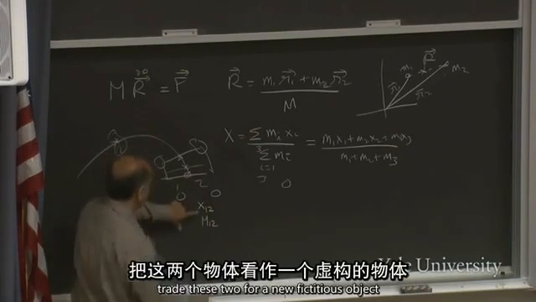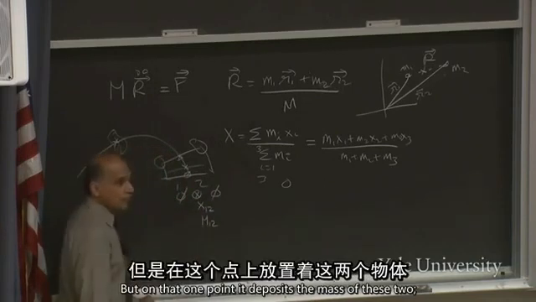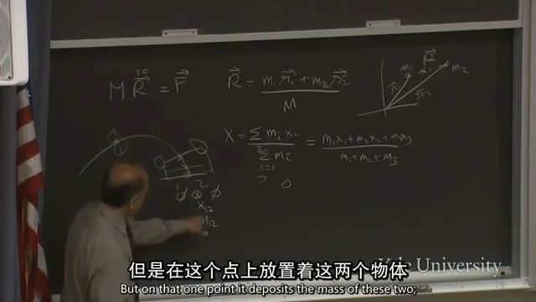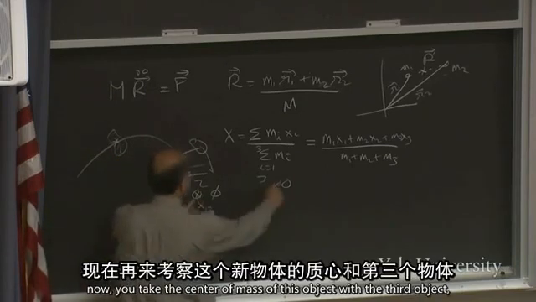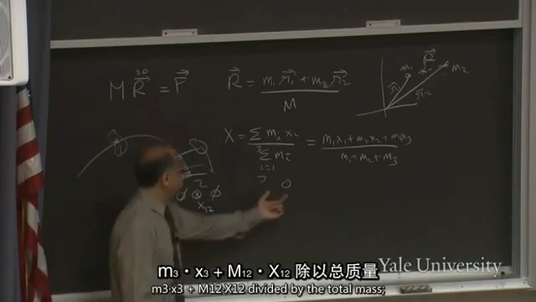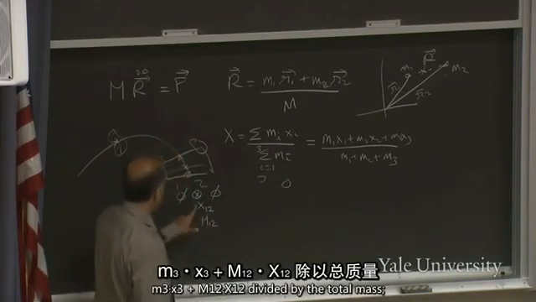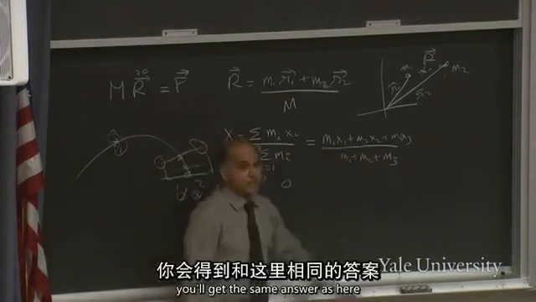Trade these two for a new fictitious object and put that here and forget these two. On that one point, you deposit the mass of these two. Now you take the center of mass of this object with the third object by the same weighting process: M3 x3 plus M12 x12 divided by the total mass. You will get the same answer as here.